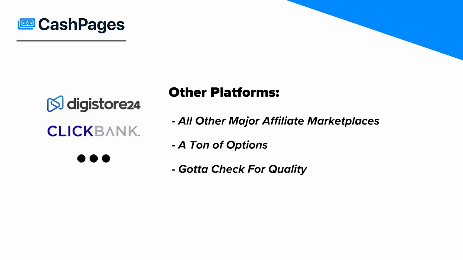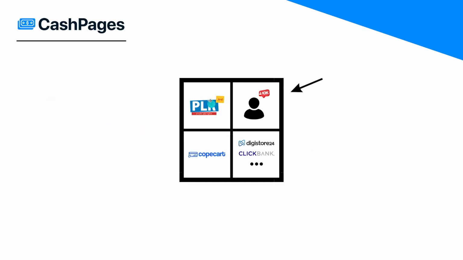And the downside, of course, is that you gotta check for the quality. A lot of these products on these websites like Digistore or marketplaces or ClickBank, there's great quality products, but oftentimes there can be bad products as well, right? So you really got to take a look at, is this product that I'm promoting good? Just as with what we spoke about at the beginning with PLR.me, you got to check if the product is actually good.